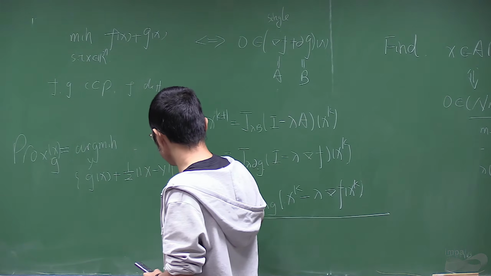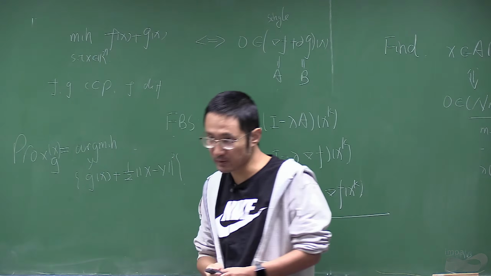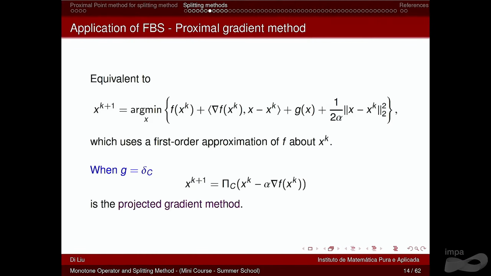This is the definition of the proximal operator. Then we can rewrite the FBS in this form, at point x^k. It has three parts here. First is about the function f: it is a linear approximation of f at point x^k. And then the original function g, because we do not assume g is differentiable. And then a penalty term, which guarantees the next point will not be very far away from x^k.